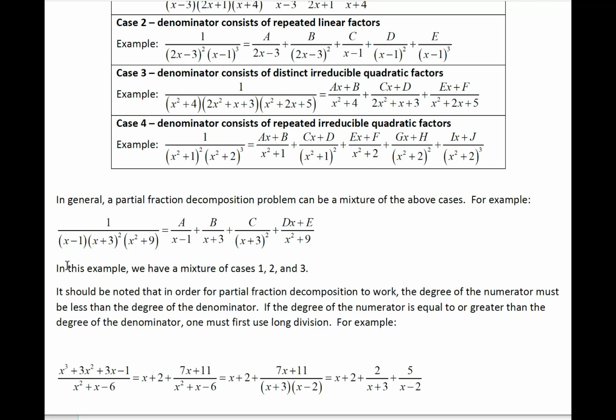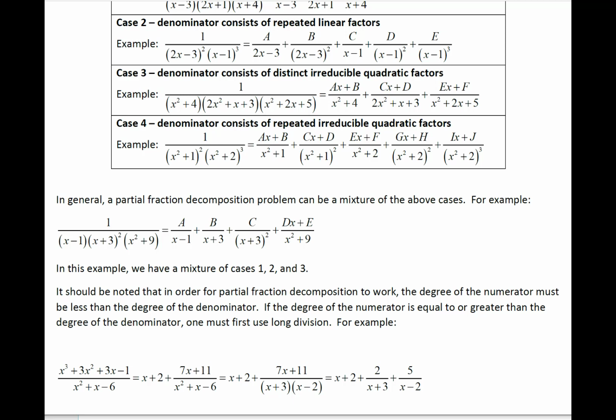It's a linear factor raised only to the first power. That x plus 3 squared is case 2. That's a linear factor repeated twice, and you can see how that splits apart.